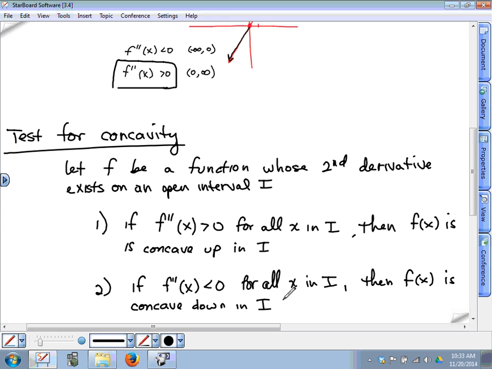I'm kind of skipping ahead here in the lesson, but I want to talk about this now while you're writing. The end result of this lesson is just another way of finding extrema. Extrema are minimums and maximums, right?